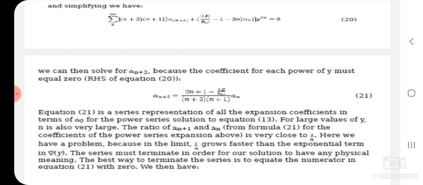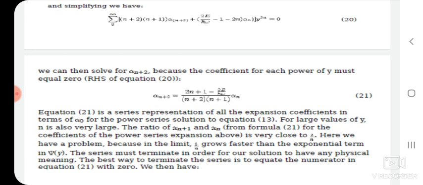For large values of y, n is also very large. The ratio of a_n plus 1 and a_n from equation number 21 for the coefficients of the power series expansion above is very close to 2 by n.